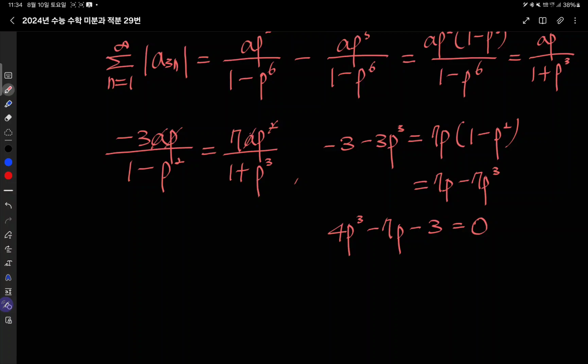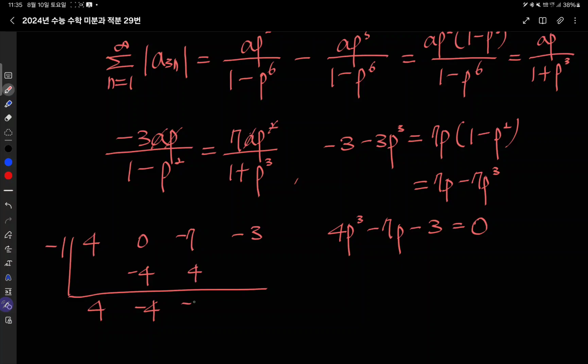And if we use synthetic division with minus 1, the first solution is negative 1, but for the series to converge, the ratio should be greater than negative 1.